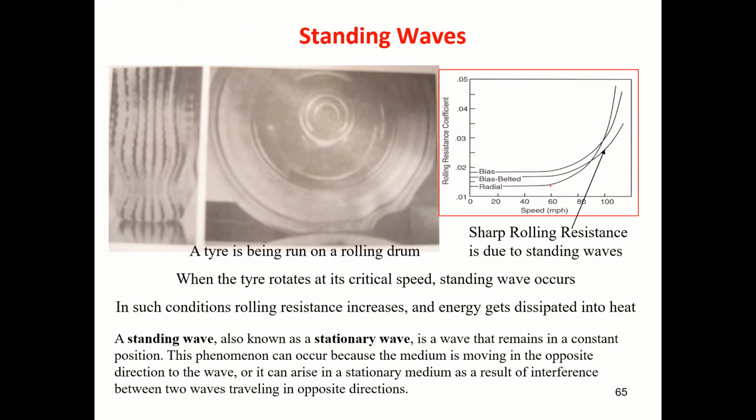So in bias, you see here this kind of sharp rise is due to standing waves. Here in this region, all of a sudden the rolling resistance values increase. Now you can see, each tire wheel assembly will have certain natural frequency. So when you start running, speed is the frequency with which it rotates, that is excitation frequency.